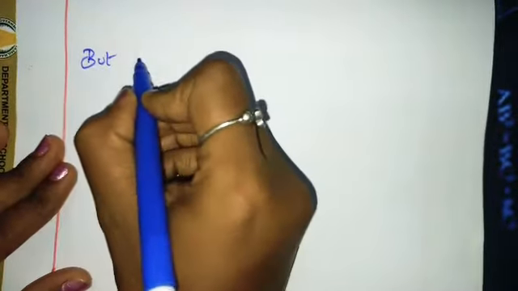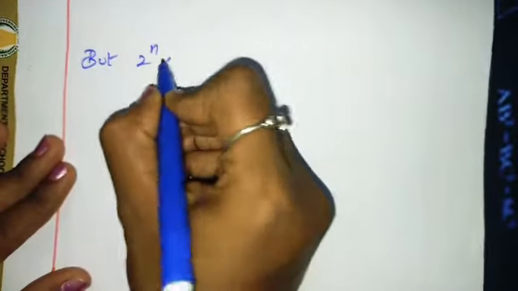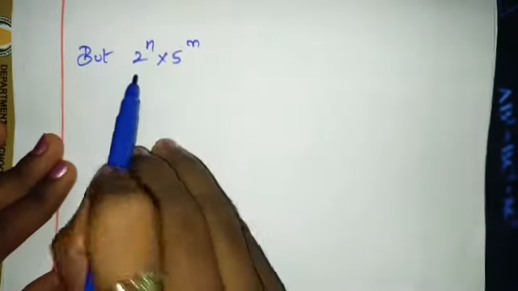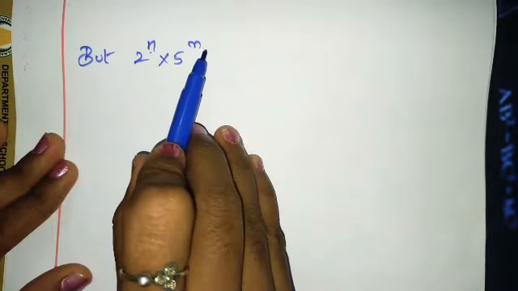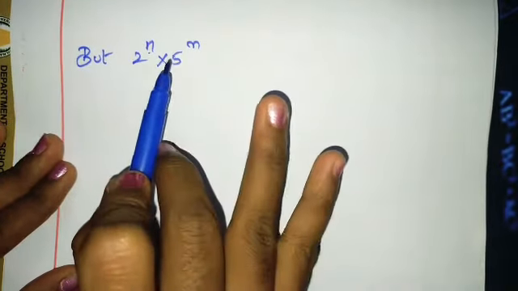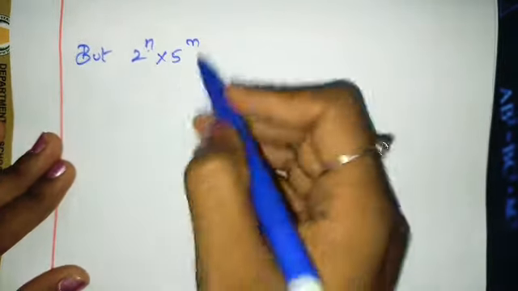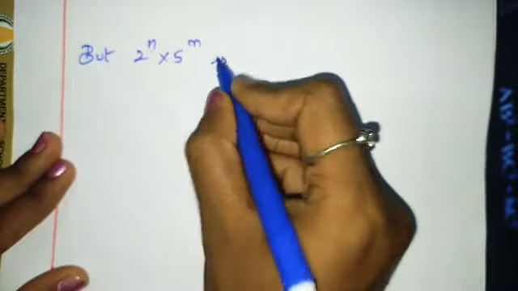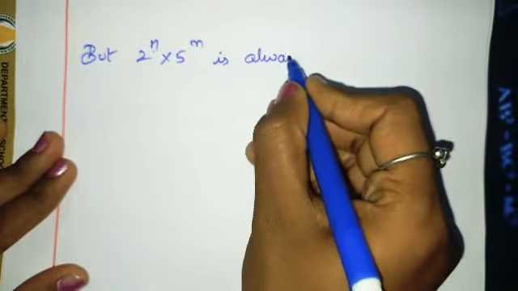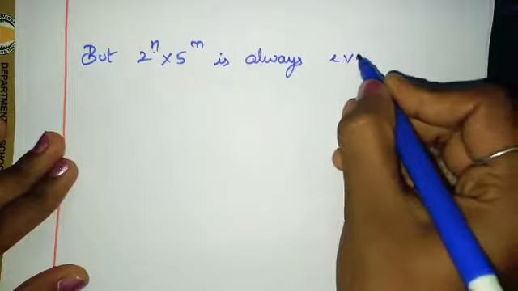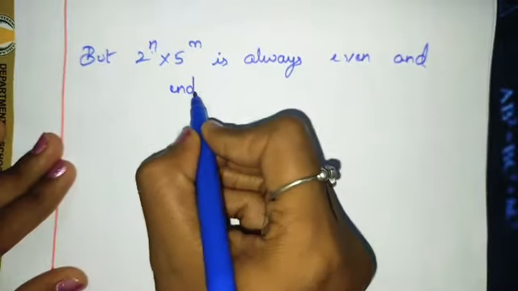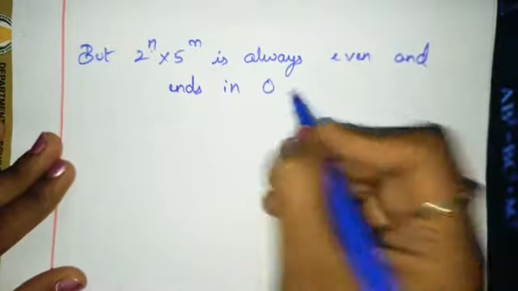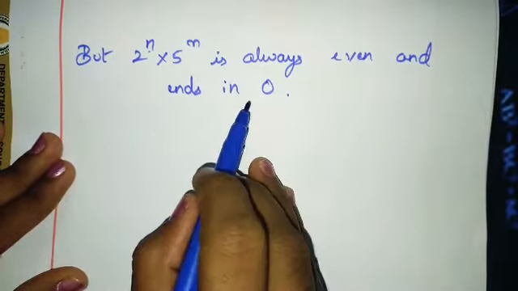But now what happens if you take 2 power n into 5 power m? 2 power anything is always even. 5 power anything is always odd, which ends with 5. Okay, so in this case the product is always even and ends in 0.